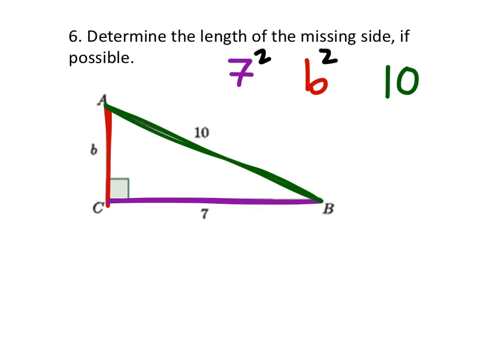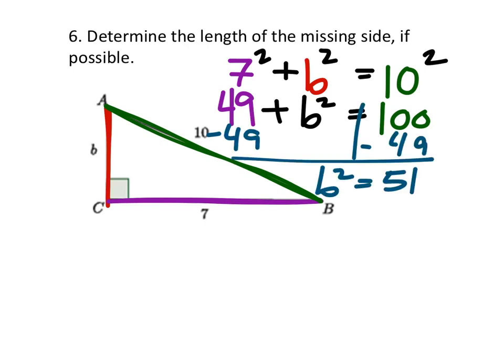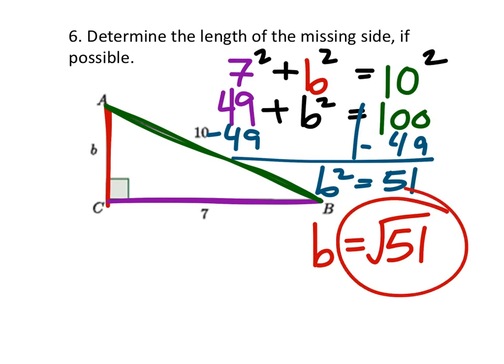If I square those two together and add them, I should get the hypotenuse squared. 7 to the power of 2 is 49, and 10 to the power of 2 is 100. Then we'll subtract 49 from both sides. So if I do want just that length of B, then I'm going to take that area of 51 and square root it. So there's my actual answer for this one.